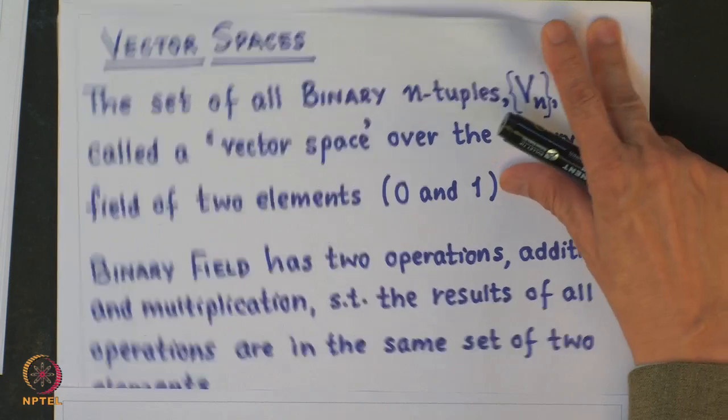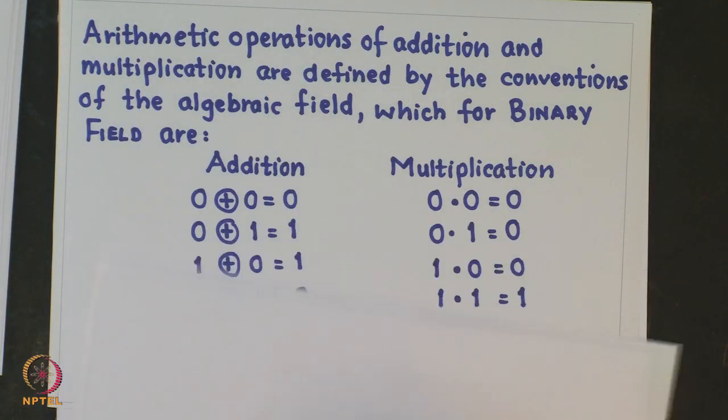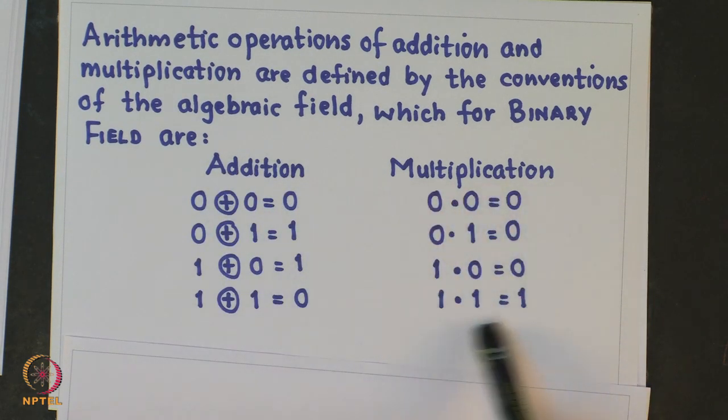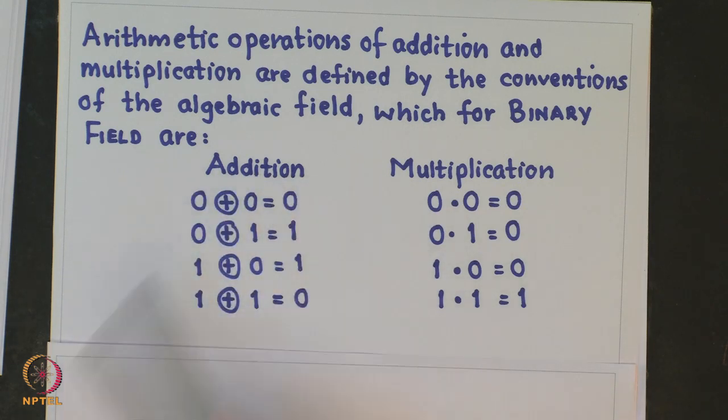The arithmetic operations of addition and multiplication are defined by the conventions of the algebraic field, and for the binary field are as follows. Addition is given by this rule, multiplication is given by this rule. We see that this is an exclusive OR operation and this is an AND operation in Boolean terms.